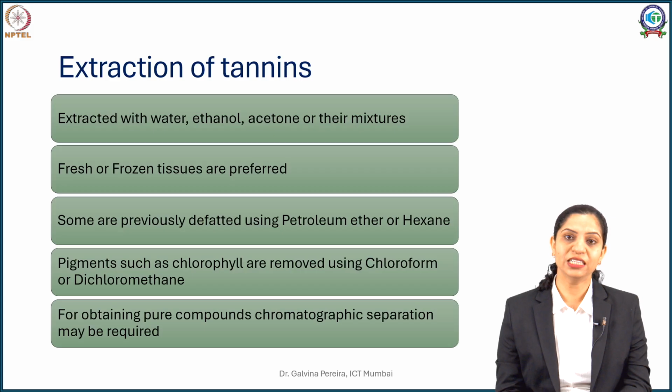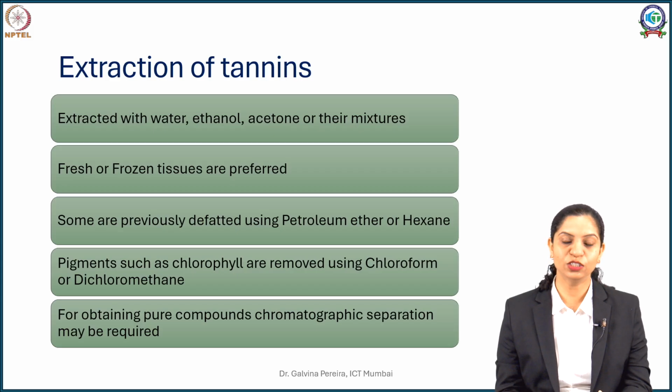Now, sometimes there are certain samples which are extensively lipophilic. That means they contain oleaginous ingredients. This includes your oils, butters or waxes. When you have oils, butters or waxes present in a plant, they don't allow solvents such as water to imbibe deeply into the tissue. That is the reason that when you want to evaluate such drugs for their tannin content, the first step is to remove the waxy contents.